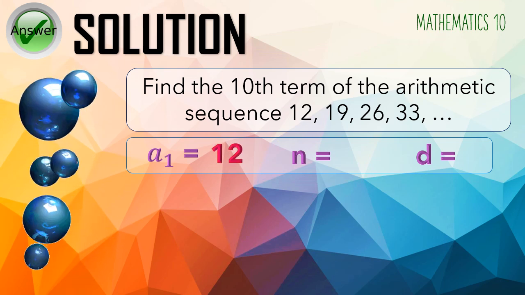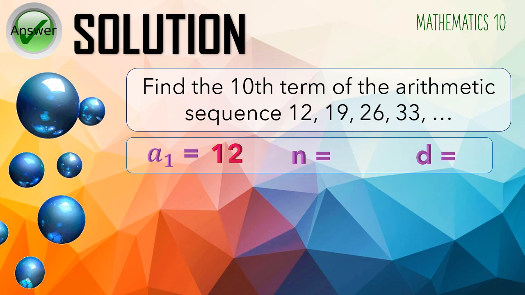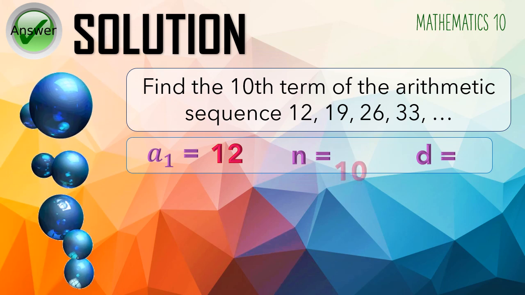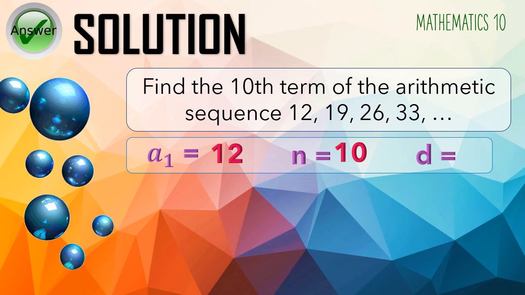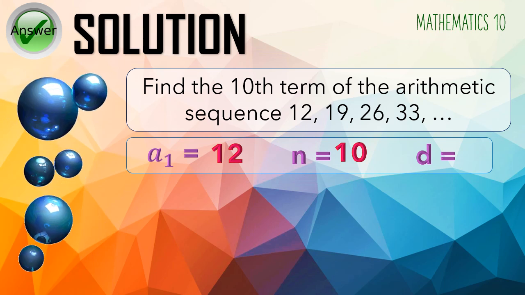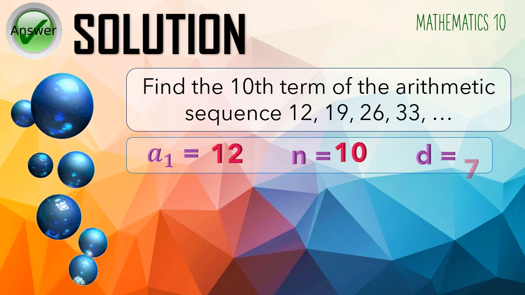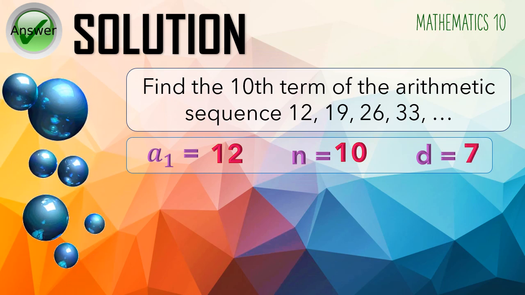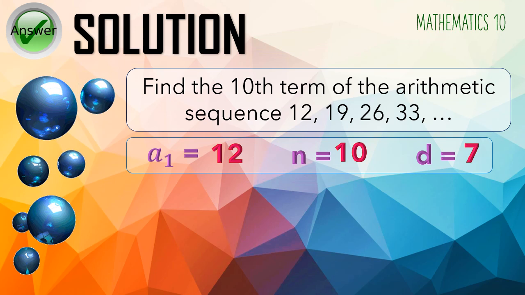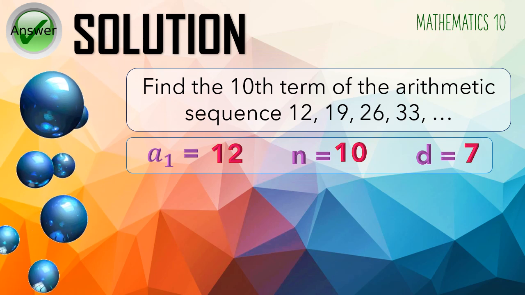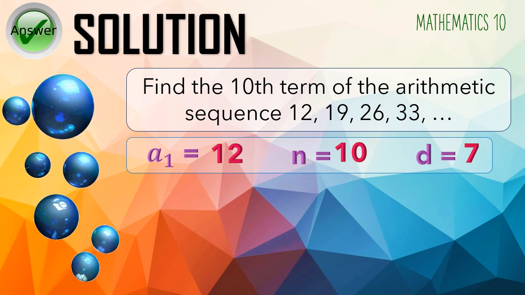N is, since you are supposed to find out the 10th term, that means the number of terms will be 10 as well. And common difference, you just simply subtract second term by first term. So 7. If you check third term minus second term, it is still 7, and 33 minus 26, it is still 7.